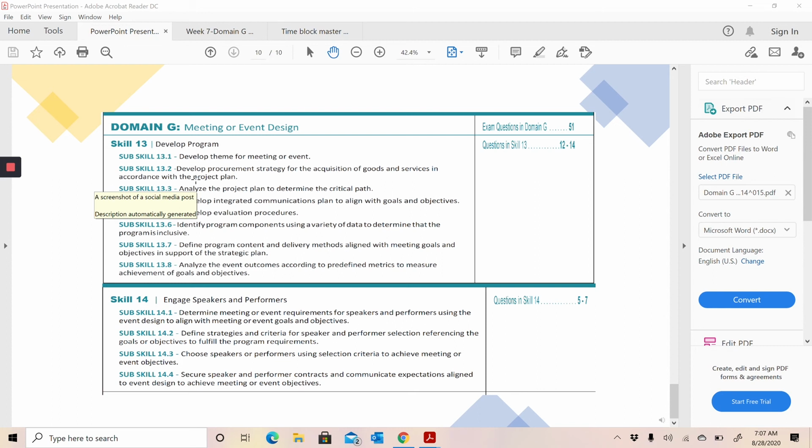And then engaging speakers and performers. Determine meeting or event requirements for speakers and performers using event design to align with meeting goals and objectives. That was talking about how the speakers should match the content.